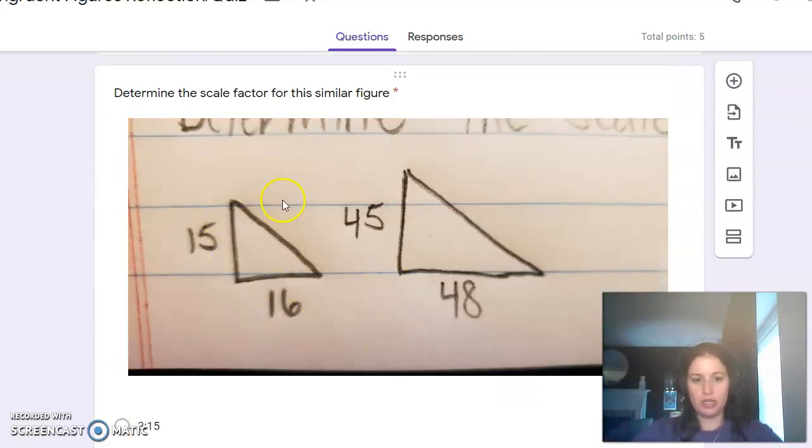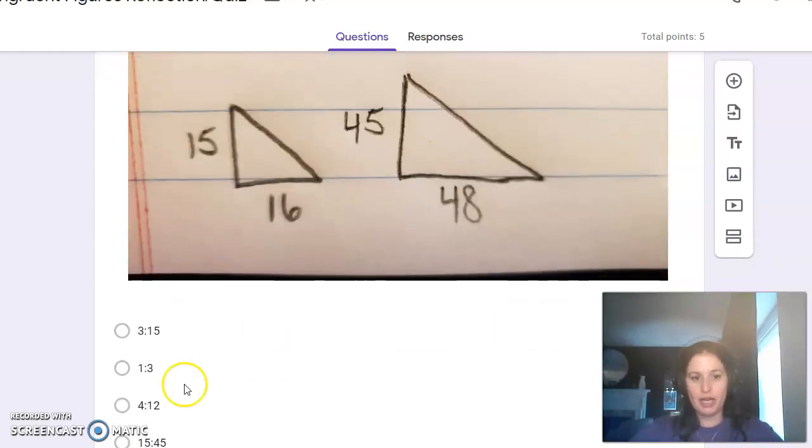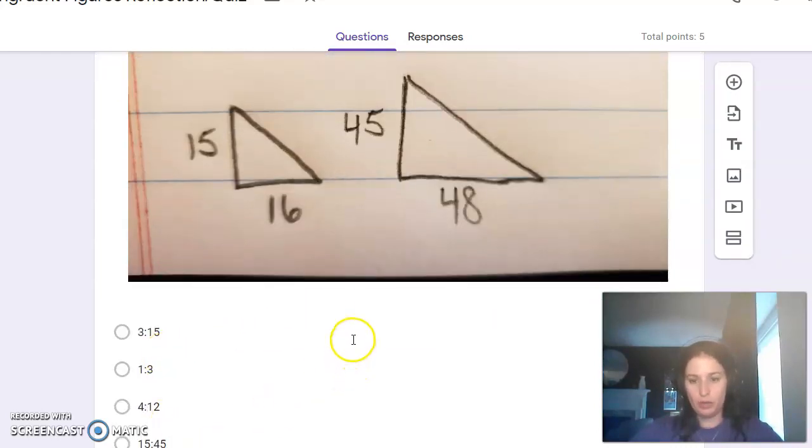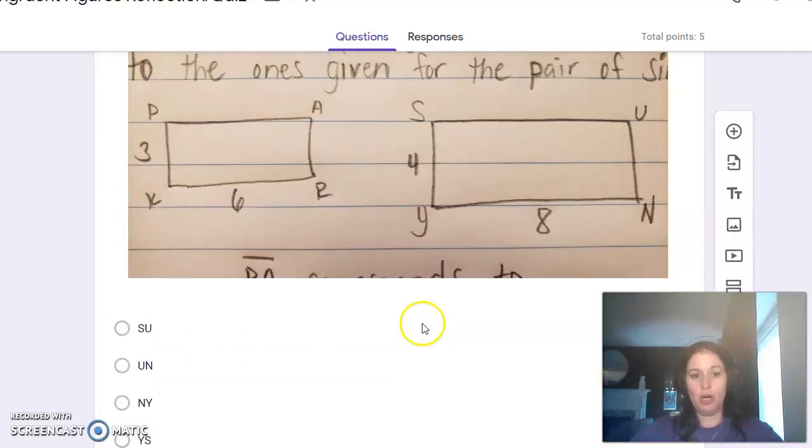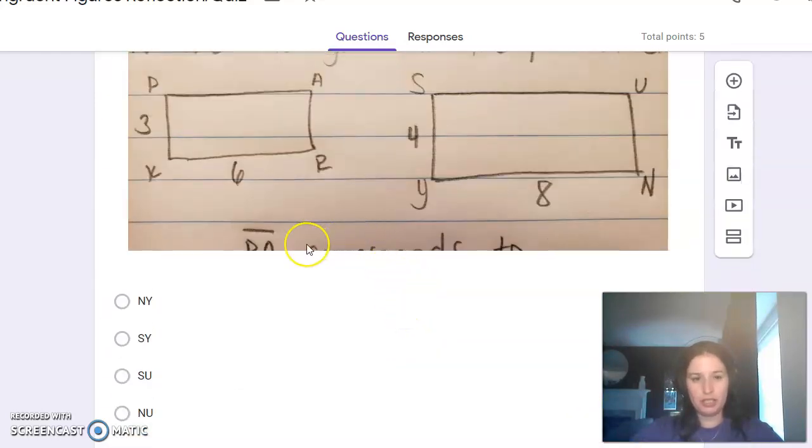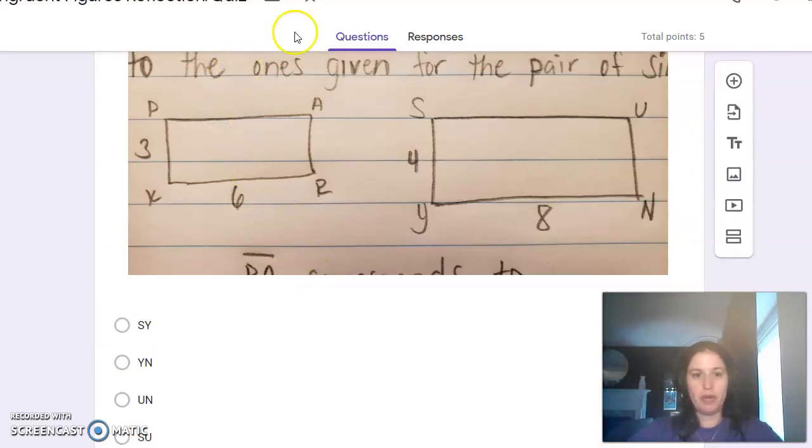Then your last question: determine the scale factor for this similar figure. You will have to figure out the scale factor, and there is only one possible answer for all of these. Just like last week, you will get immediate feedback on your quiz on how you did.